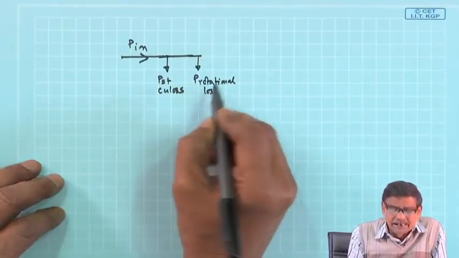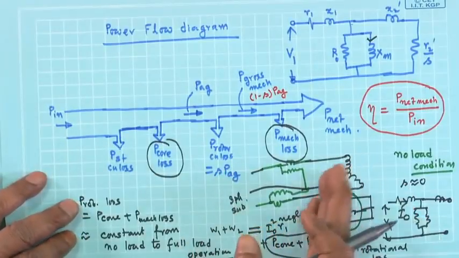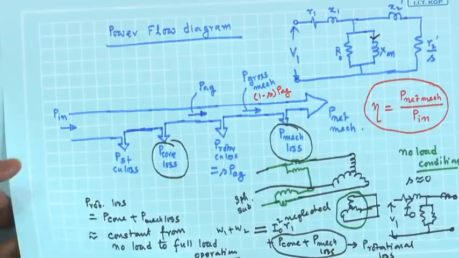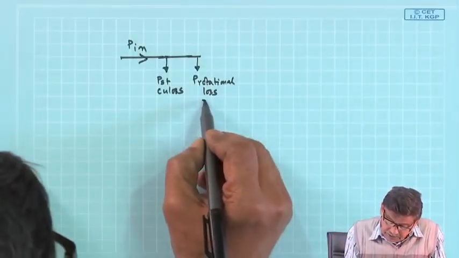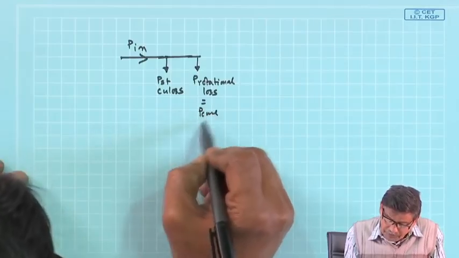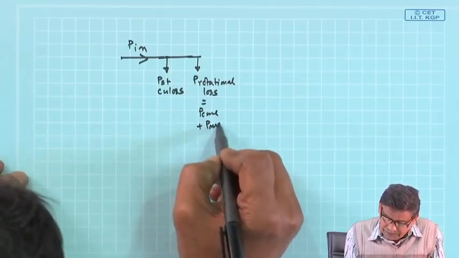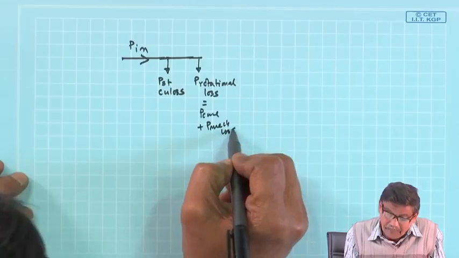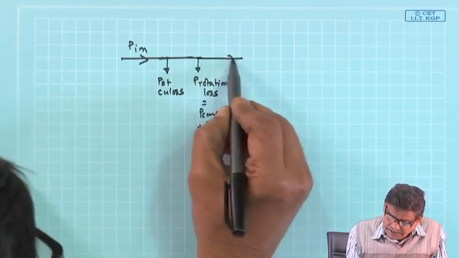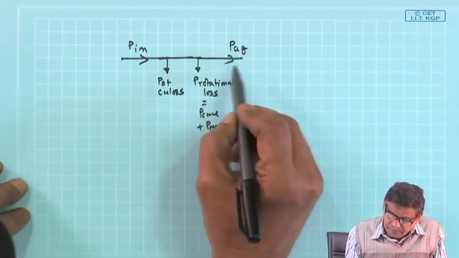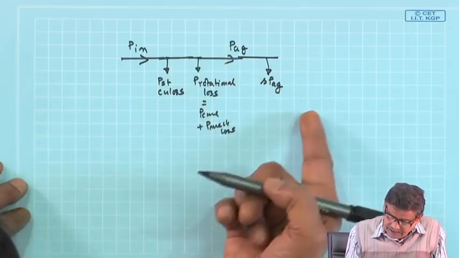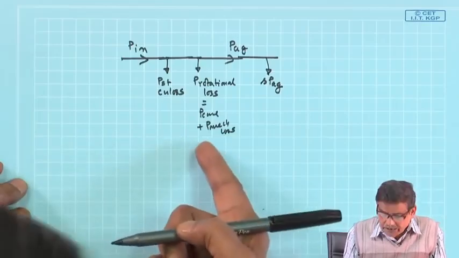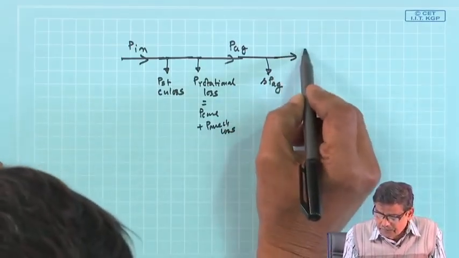For that you will be making some mistake, because this is the exact thing, but a little mistake does not matter. So, P rotational loss is equal to the sum of core plus mechanical loss. Then you say this is PAG, then this is SPAG. Since mechanical loss you have already taken into account, you say this is then P net mechanical.